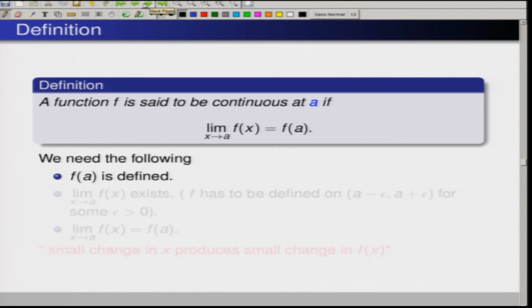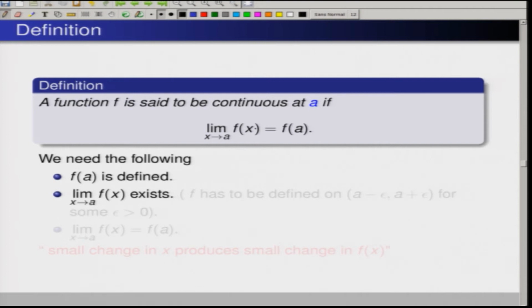For example, f of x equal to 1 over x: f of 0 is not defined. In order to say f is continuous at a, f has to be defined at a, and the limit of f of x as x goes to a is equal to f of a.